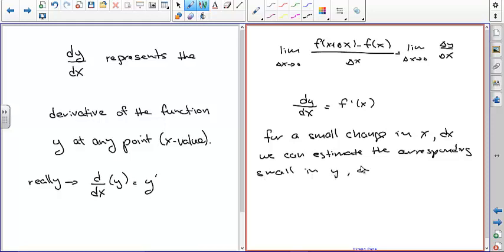We'll call that dy. So at this point, instead of having d/dx of y, we're just going to have dy over dx, kind of like delta y over delta x.